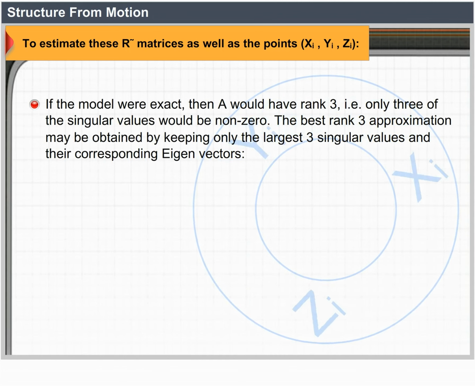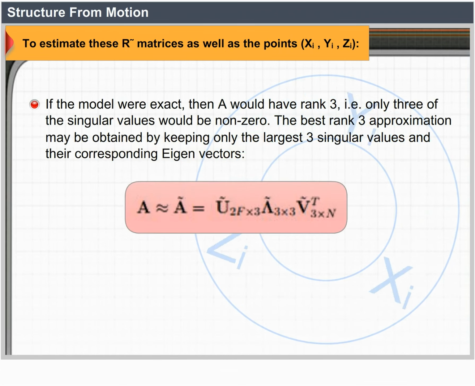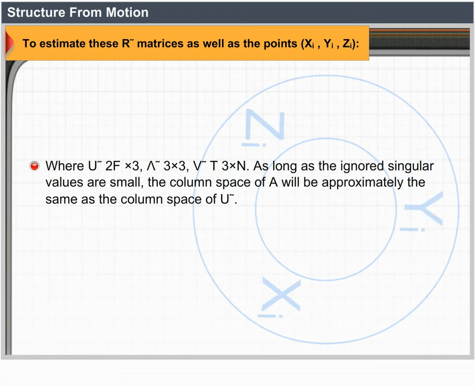The best rank 3 approximation may be obtained by keeping only the largest 3 singular values and their corresponding eigenvectors, as shown, where U dash is a 2F by 3 matrix, Σ dash is a 3 cross 3 matrix and V to the power T dash is a 3 cross N matrix.